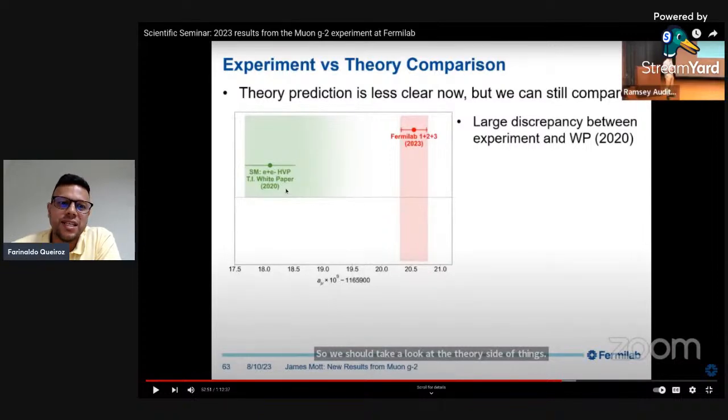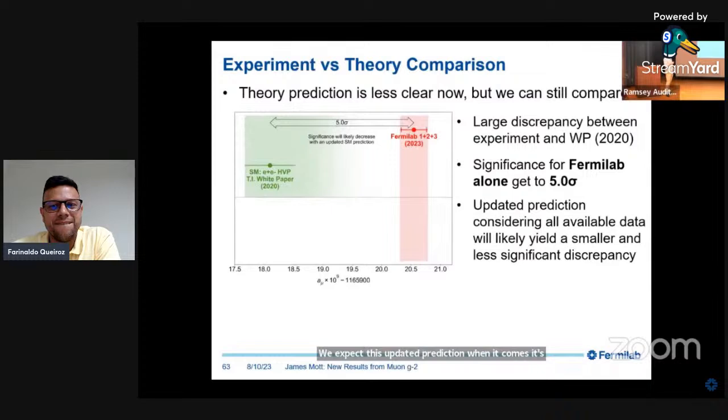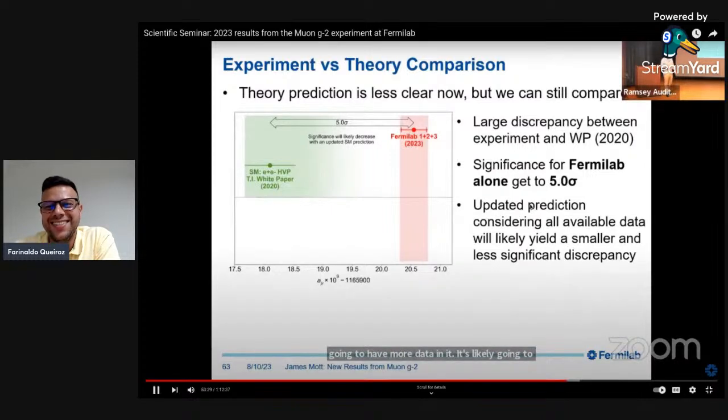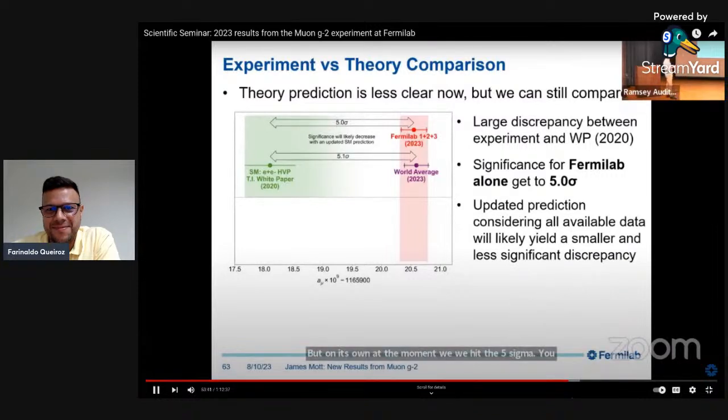But again, these are using this result, which is not the same as the results reported by these lattice group calculations. It is 5.1.